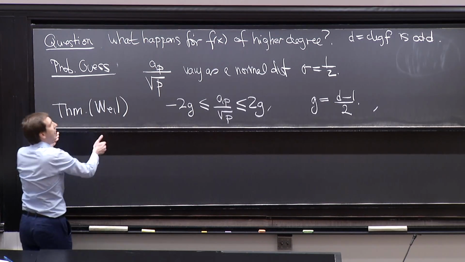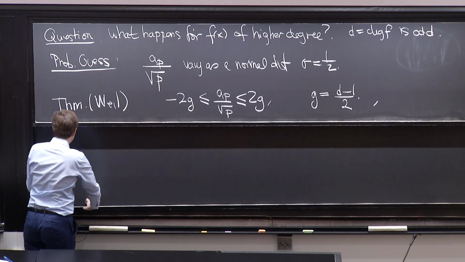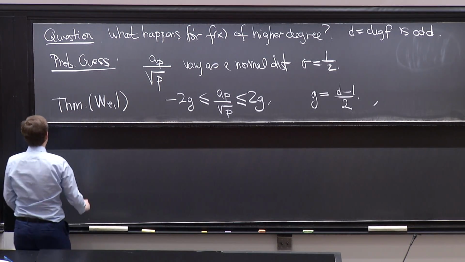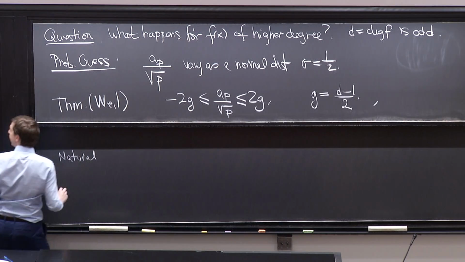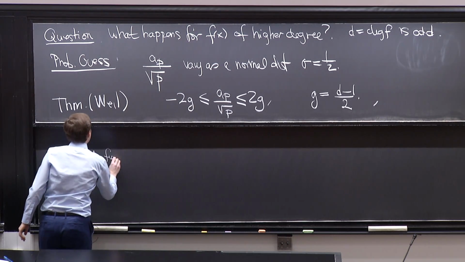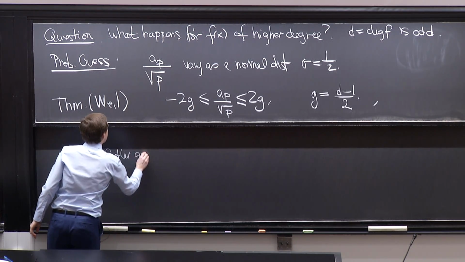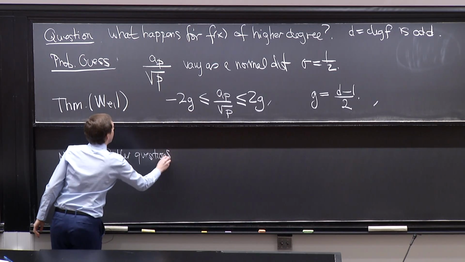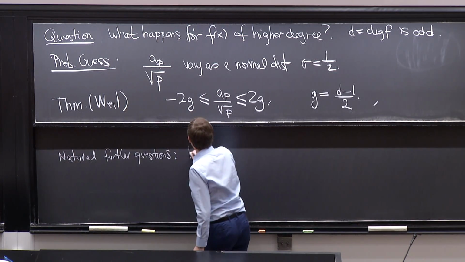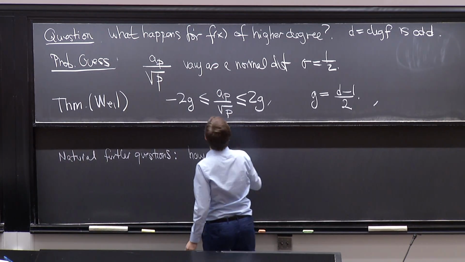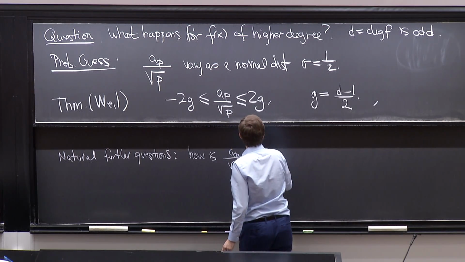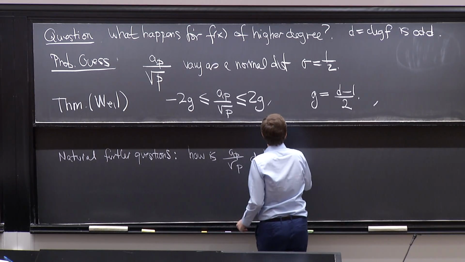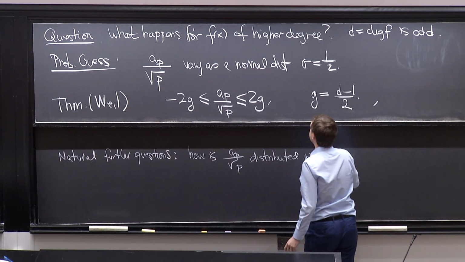Okay, so this gives you a basic first step, but there are natural further questions. Well, the most natural one, of course, is how is this normalized number distributed in this interval?